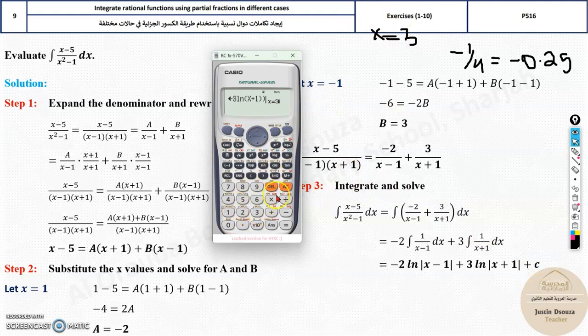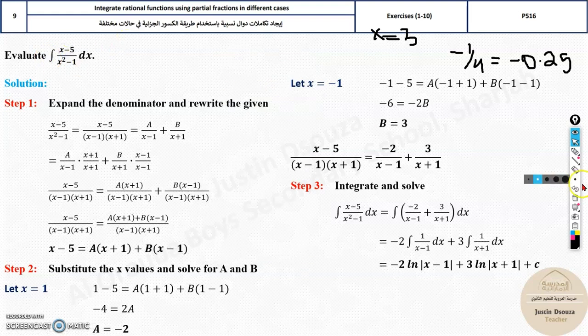And now write the x value. Again, I'll remind you, don't put x over here as 3, you will get an error. You must put the x value over here as 3. And what is the answer? It is negative 0.25.